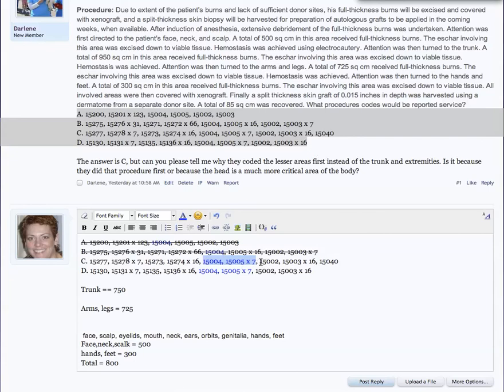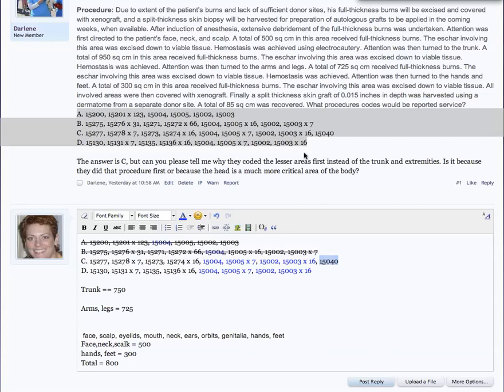Well, look, we have 15002 and 003 times 16. So actually, we don't need to look it up because it's already done for us. They match. So that's not something we need to go look up and confirm. We're looking for differences. Let's see. So let me see what 15040 is.